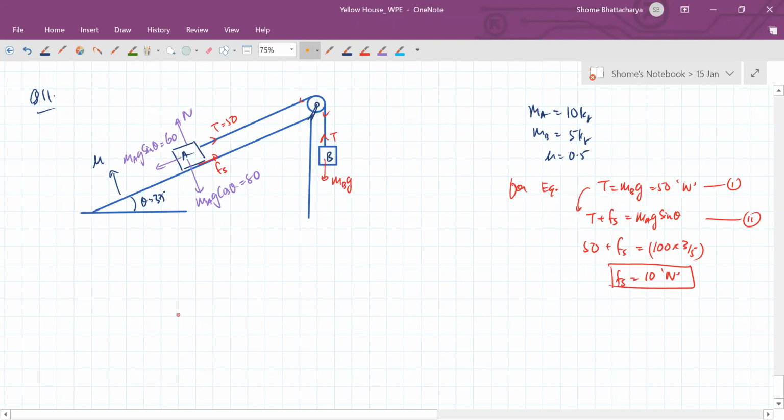And you can see that that much static friction is available because maximum possible friction is equal to mu N. So that is 0.5 into 100 into 4 by 5. So up to 40 newtons is available, but only 10 newtons is required. So there's no problem with this. So the system will be in equilibrium.